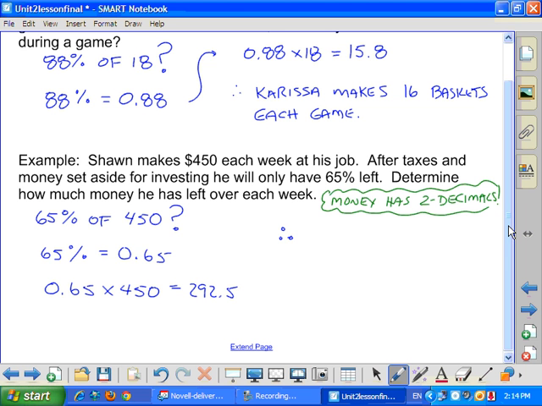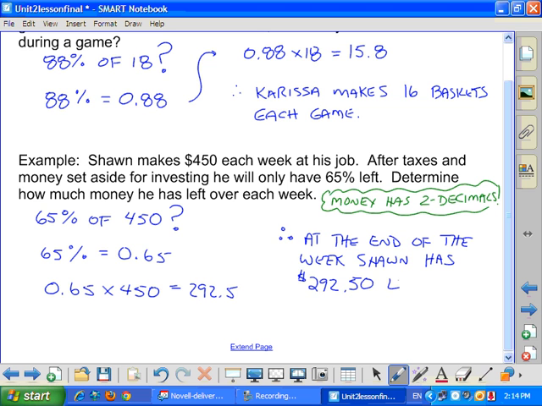Therefore, at the end of the week, Sean has $292.50 left to save up to buy his math teacher a fantastic gift.